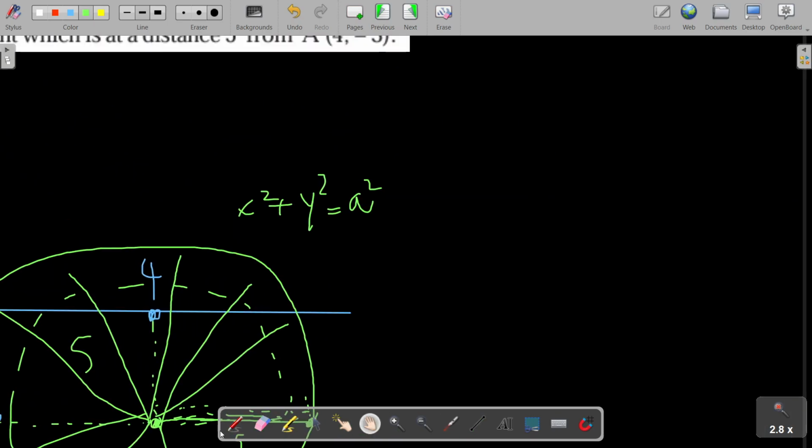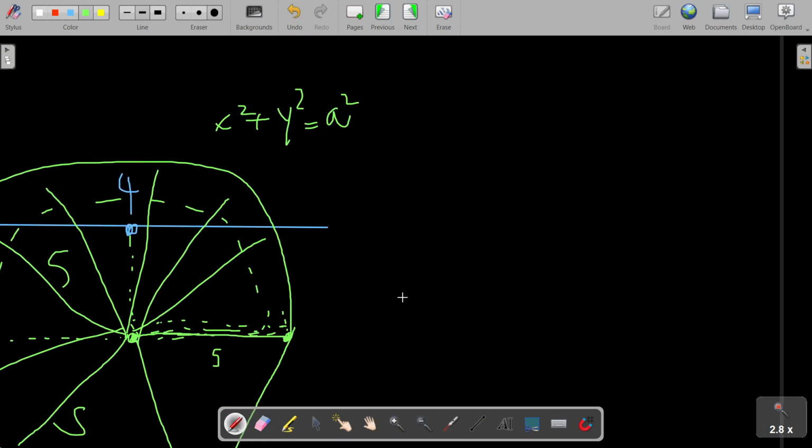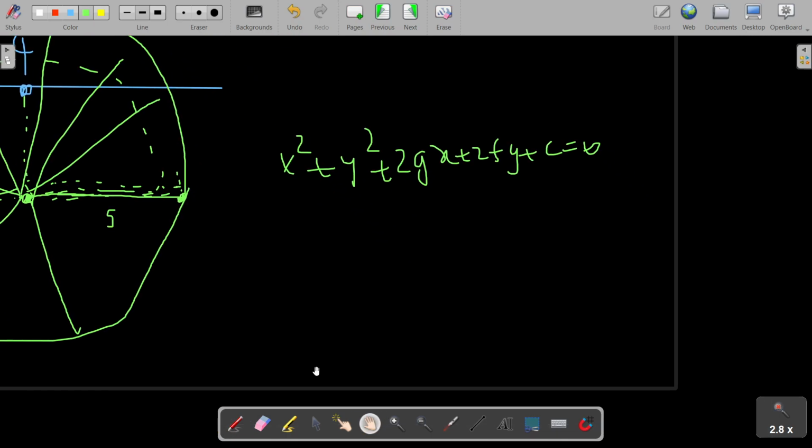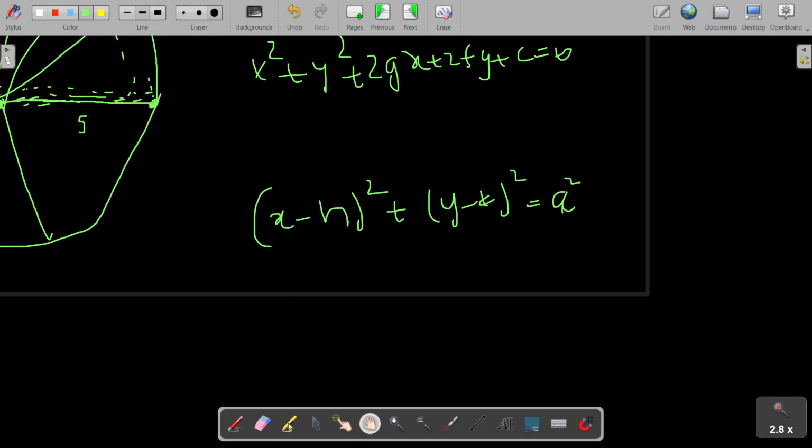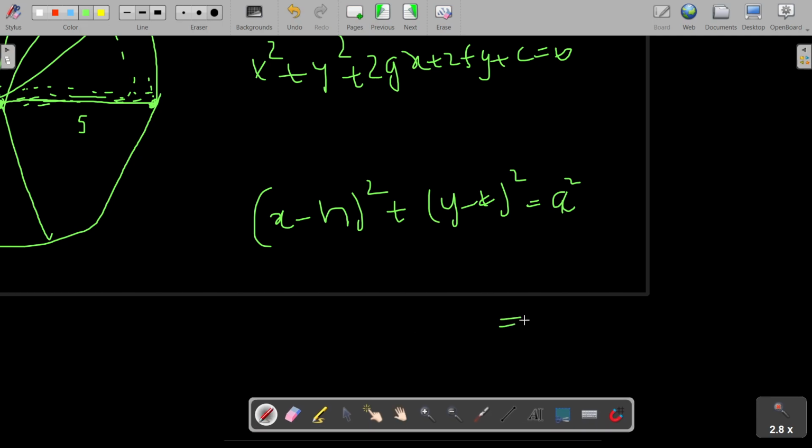But this is going to give us the general form x squared plus y squared plus 2gx plus 2fy plus c is equal to 0, or we can say x minus h whole squared plus y minus k whole squared is equal to a squared, where a is the radius of the circle. In this example, we have radius 5, and the center of the circle is h comma k.